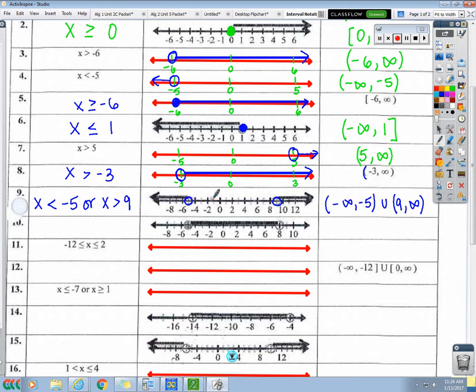The next one's known as an AND inequality because the solutions are shared. Okay, so the solutions start at negative 6, right? And the solutions end at positive 8. Yep, that's my goal.